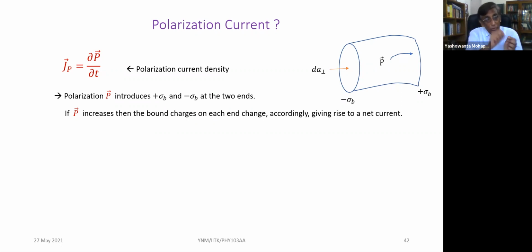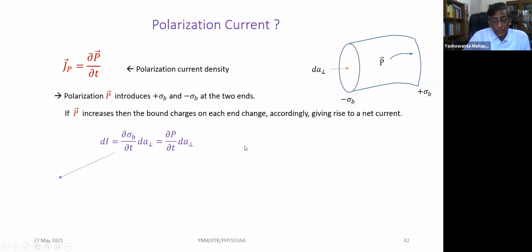Okay, there's not actual physical charge going from one end to another end, but there is apparently bound charge changing such that the change shows up in the two plates, and that's like a current. Okay, so what is that current? So del sigma by del t, if this is the perpendicular area, then del P by del t dA perpendicular. All right, so I can generalize this to J_P equals del P by del t.